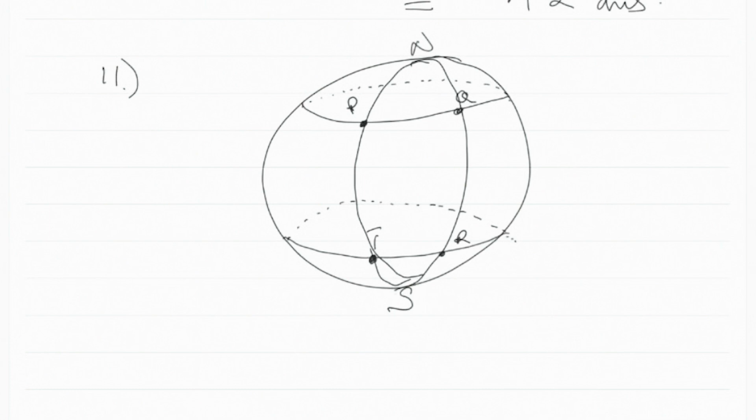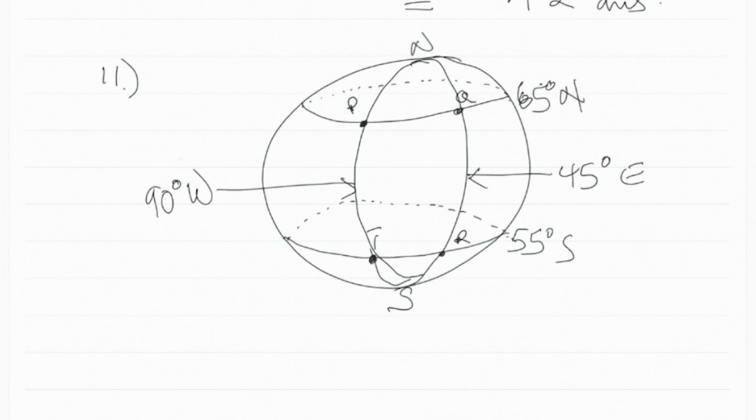We have point Q, point P, TR is the south, and we are told that this is 65 degrees north, and this is 55 degrees south, and we have been told that this is 45 degrees east, and this is 90 degrees west.